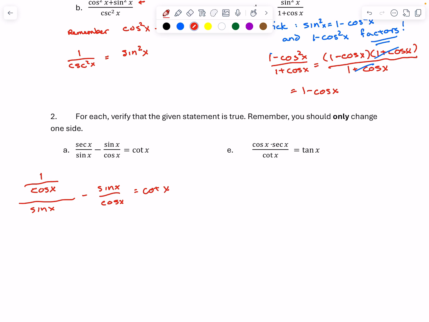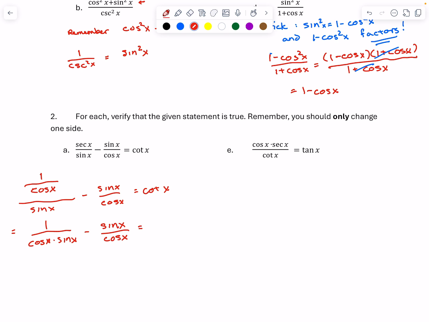Sine joins its buddy in the denominator. Okay.